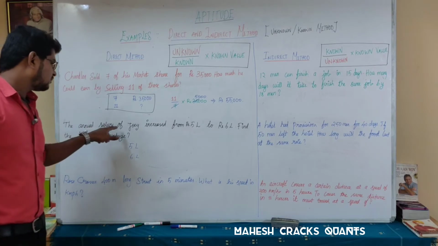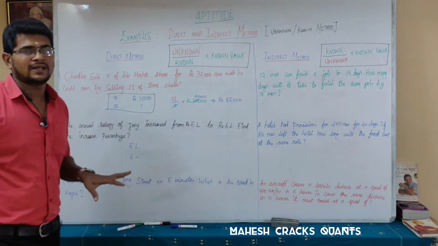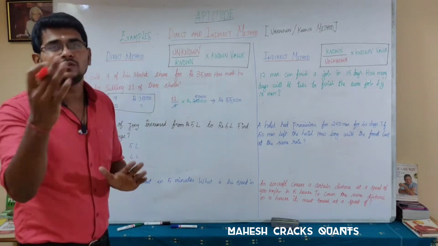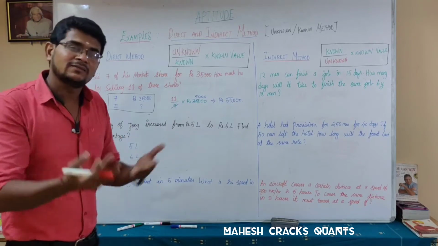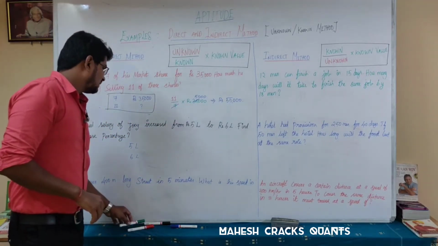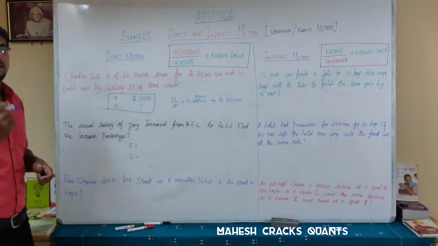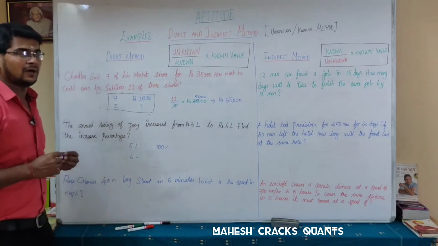The annual salary of Joey increased from rupees 5 lakh to 6 lakh. From where will you increase the percentage? What is percentage? Percentage is always 100, we know that. So from where will you increase? From 100 percentage. So clearly it is given that 100 percentage is 5 lakh. This is what we have to find out.